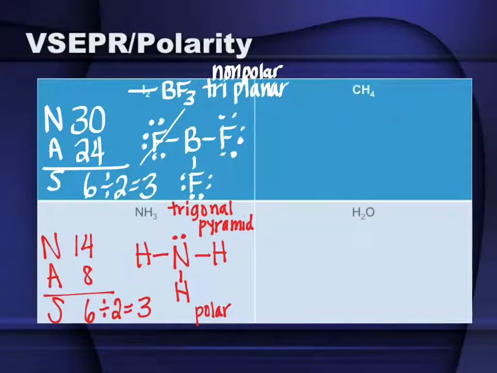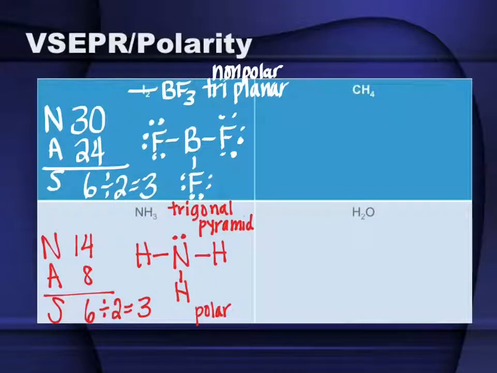How do you know if it's nonpolar or polar without the subtraction? You don't need it. We're looking at the molecule overall. Where are the electrons going to spend their time?